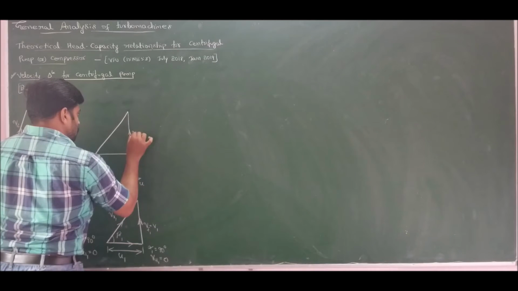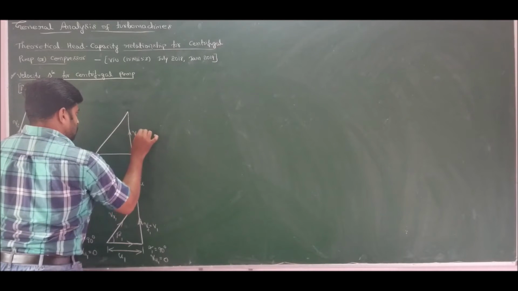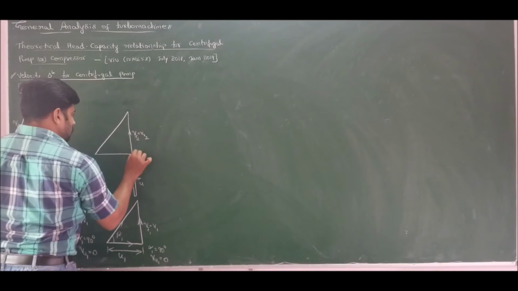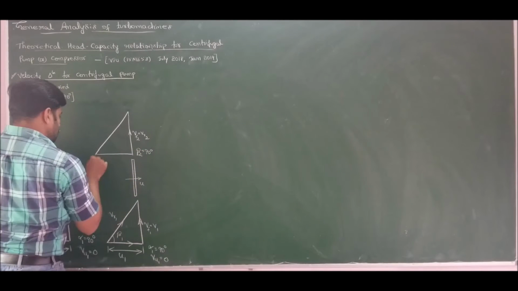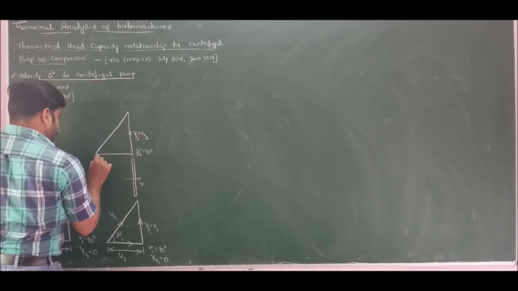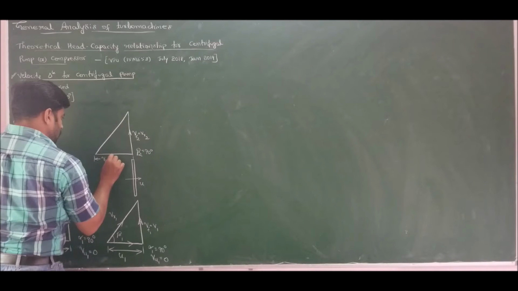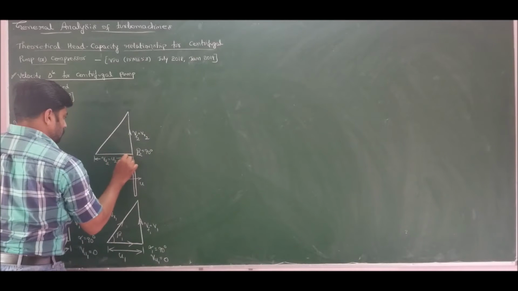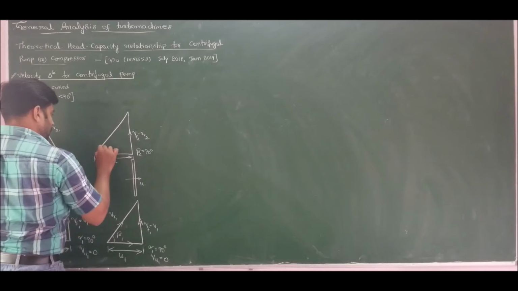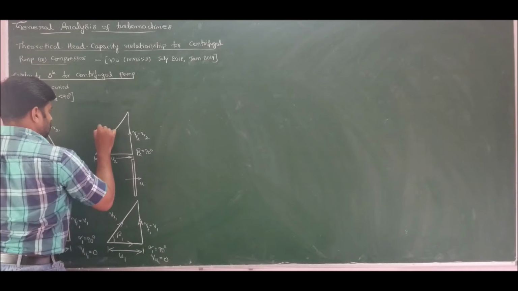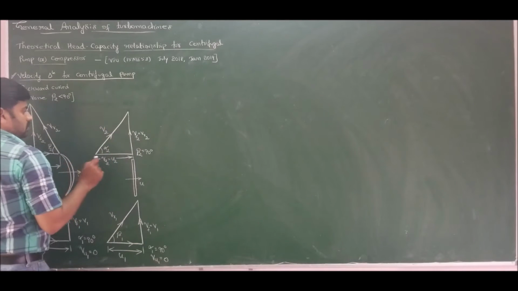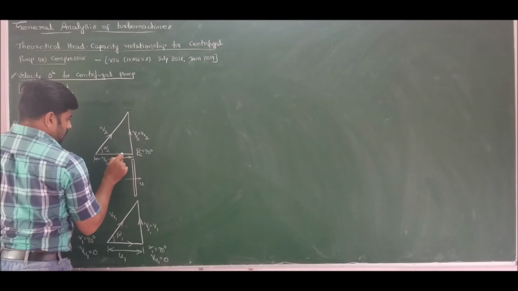Since the blade is radial, we have Vf2 equal to Vr2. So therefore, beta 2 is 90 degrees. Keep this in mind: beta 2 is 90 degrees, and we have Vu2 equal to U2 for this case, and we are left with alpha 2 and V2. So the blade is moving in this direction.